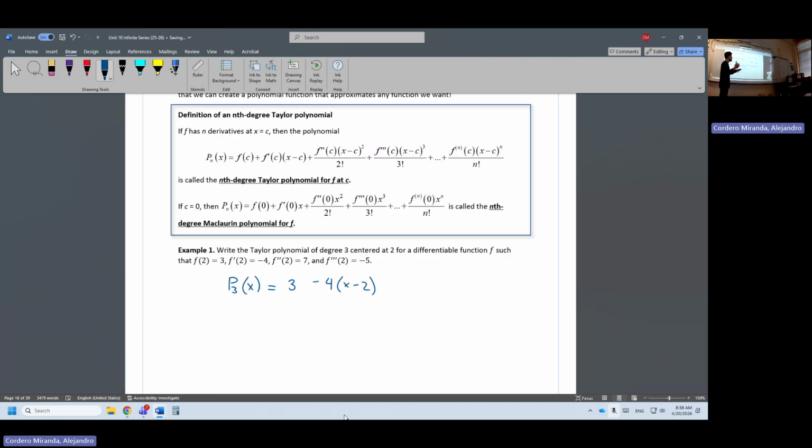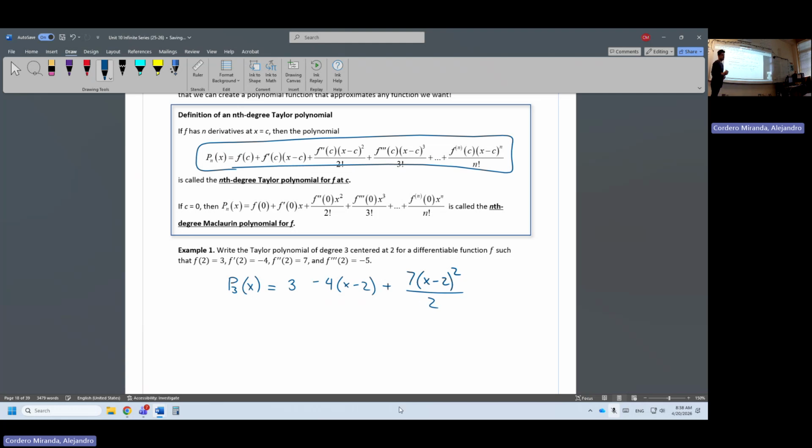It might be easier to write it first and then convince you later. And then plus 7, and also you can just look up here and try to match this. So plus 7 times x minus 2 squared, because that's my second degree polynomial. But don't forget that you've got to divide out by that 2 that's going to be there when you take the derivative. So divided by 2.